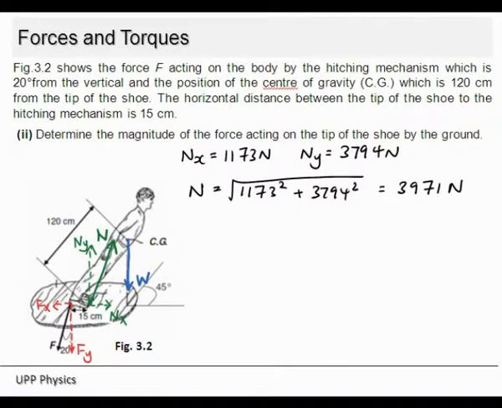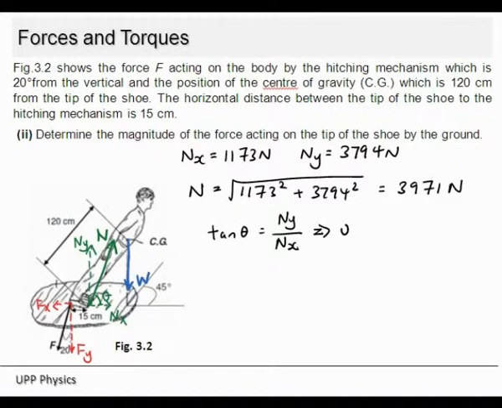Now the question only asks for the magnitude of the force, so the direction is not required. But if you're asked to find the direction of this contact force, then you need to find one more variable, which is the angle. So let's indicate the angle here, theta. The angle is the angle the contact force is inclined to the horizontal. So since we already found the two components, Nx and Ny, tangent theta is simply Ny over Nx.